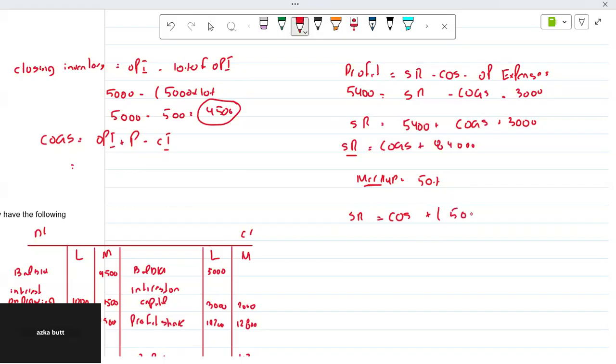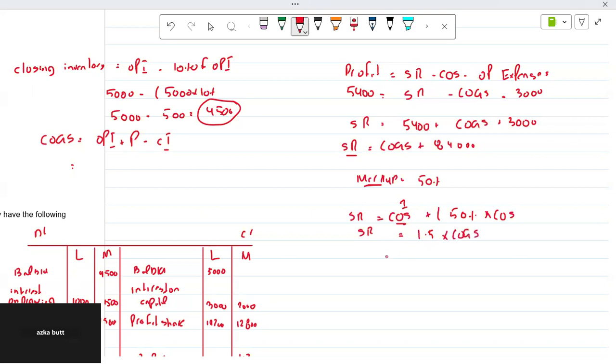So this is equal to 1.5 times cost of goods sold, because cost of sales is equal to 1, so 1 plus 50%, which is 0.5, is 1.5 multiplied by cost of goods sold.